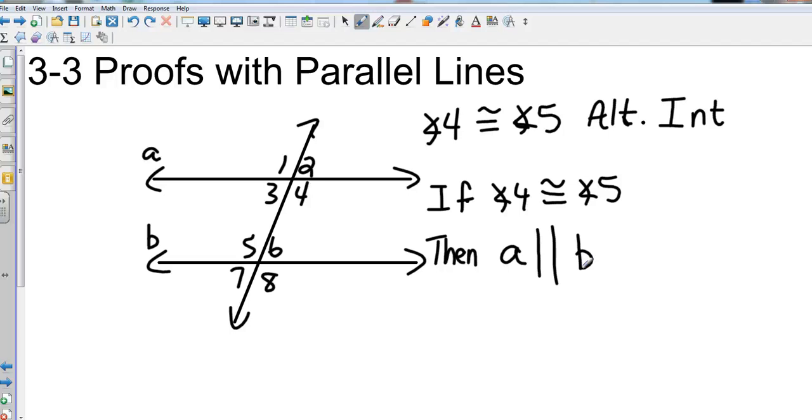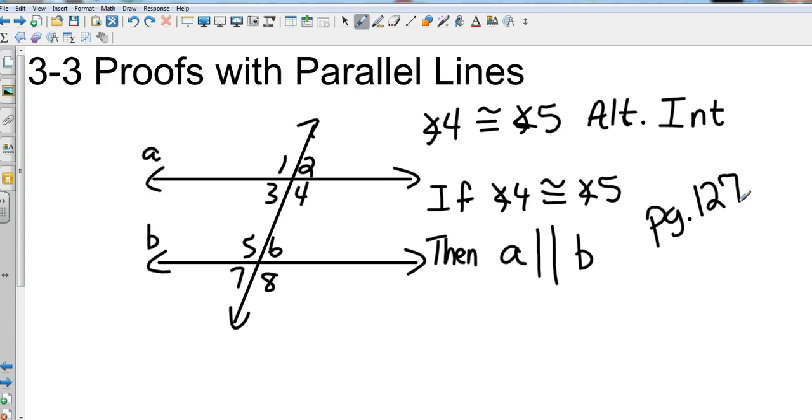And in this case, because it's the alternate interior angles, we would use Theorem 3.6, and these are found on page 127. Theorem 3.6 tells us that if two lines are cut by a transversal so that the alternate interior angles are congruent, then that makes the lines parallel.